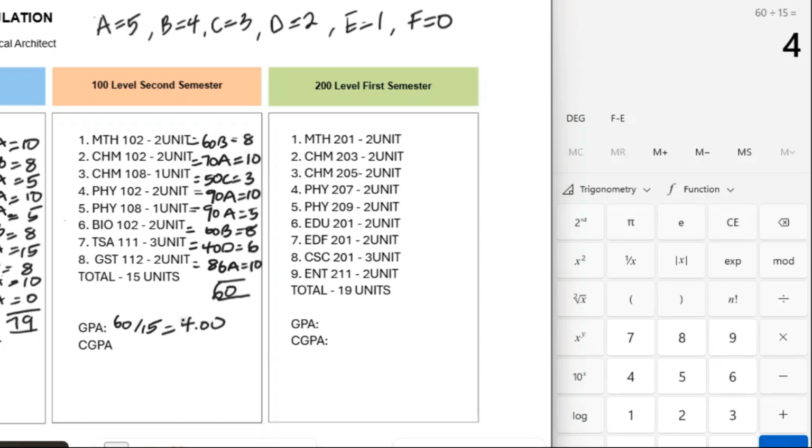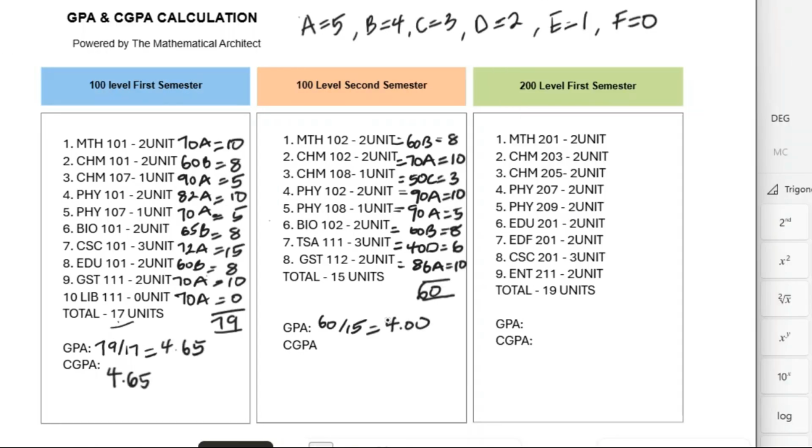Now, your CGPA for this semester is not 4.65 plus 4.00 divided by 2, which most students do. This CGPA represents your cumulative CGPA. So it is taken into reference to every unit that you have done.